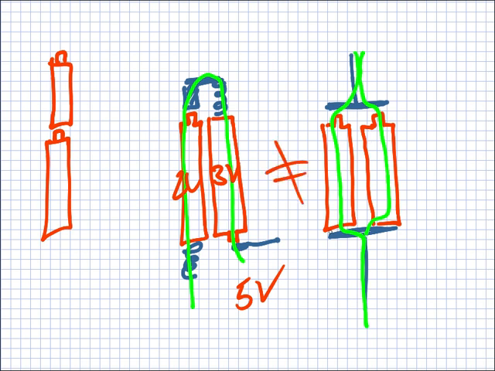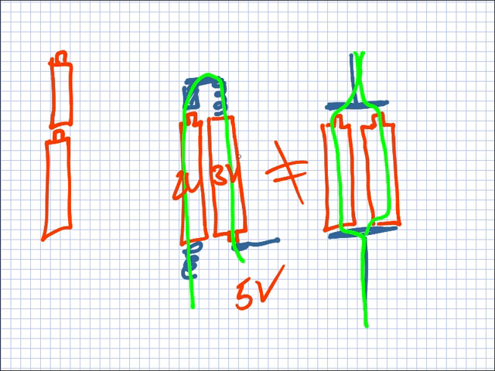It won't change. I mean the two batteries have the same voltage. No, you can have different voltages. Okay, later. Usually you use the same battery so it's the same voltage, but there's no rule that says it has to be the same.